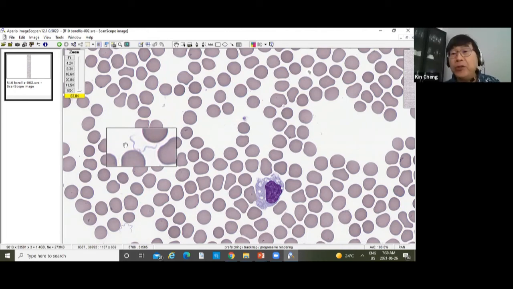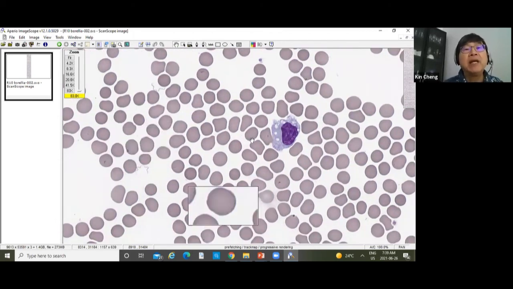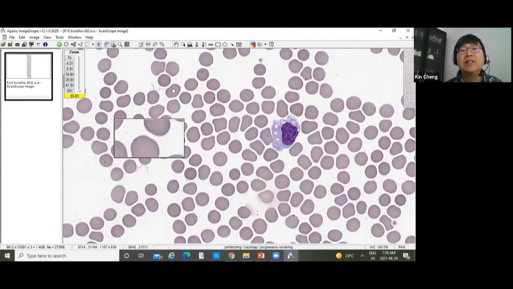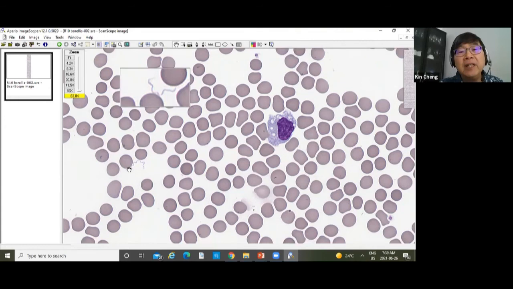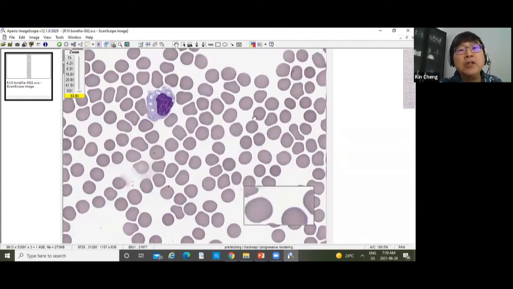Maybe it's something dirty on the slide. But this is definitely not something dirty on the slide, because from my arrow, you can see there's something here as well. There's something else here, right? So they all look like this.